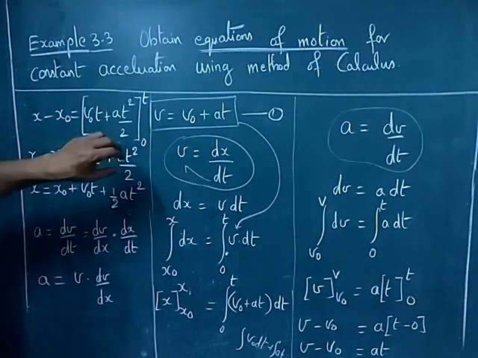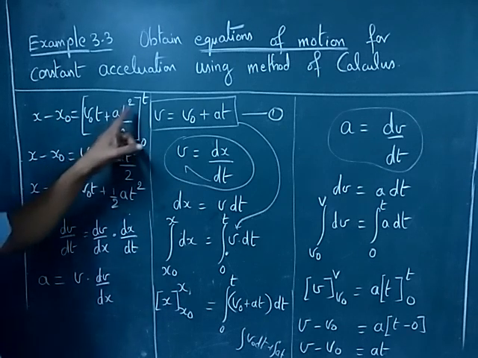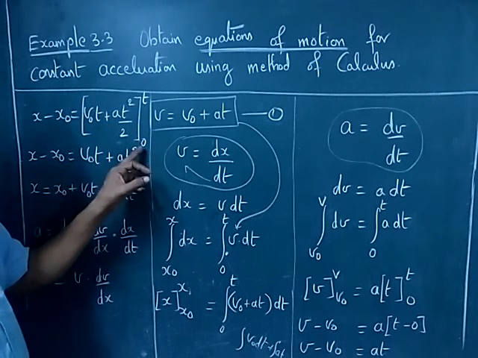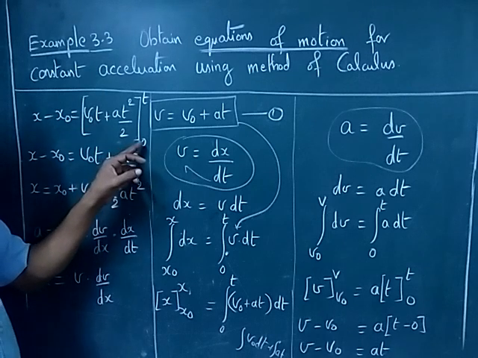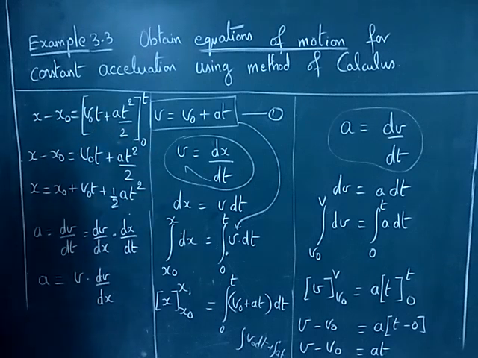Now you have to substitute the upper limit and lower limit. If you substitute t for t, you will get v0 t plus a t square by 2. But minus lower limit: if you substitute 0 for t, this will become 0, and this term is also 0. So the overall value is 0.